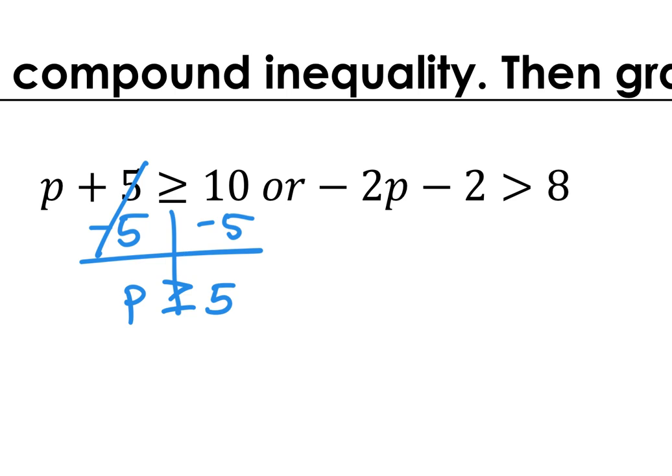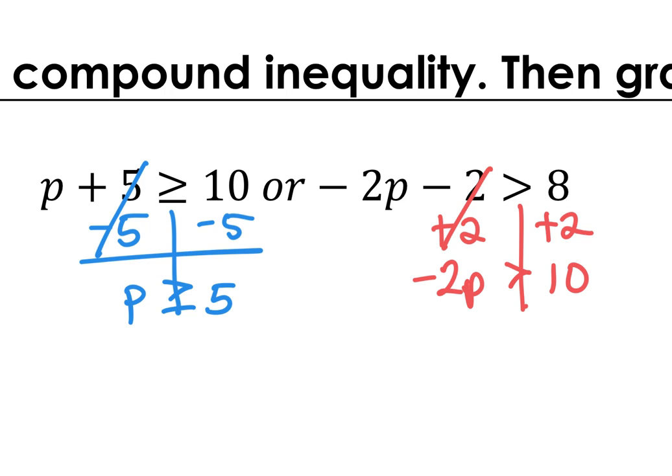Then I'm going to come over and I'll solve the second inequality. For the second inequality, all I have to do to get p by itself, I have to do two things this time, but first, I'll remove this constant. So since this is a -2, I'm going to add the 2 so that I have -2p is greater than 10.